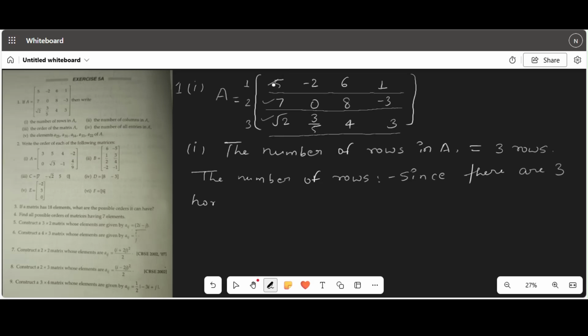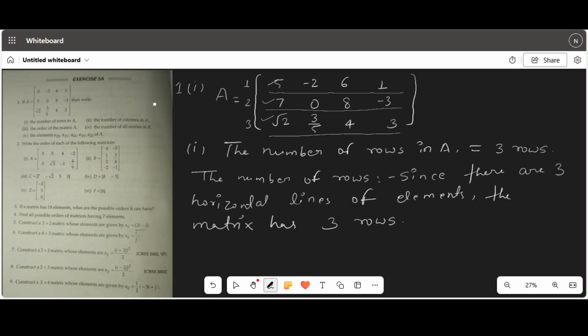So rows means horizontal. Always concentrate on this horizontal. So, horizontal lines of elements. The matrix has three rows. So that is the solution for Roman number 1.